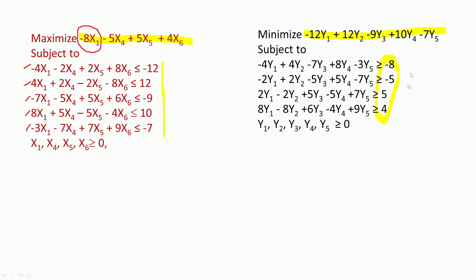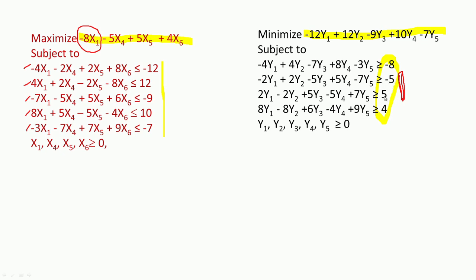So, first thing that we observe from this is, if we look at these two constraints, you realize that we can multiply the first constraint with a minus 1, we will get 2y1 minus 2y2 plus 5y3 minus 5y4 plus 7y5 is less than or equal to 5.